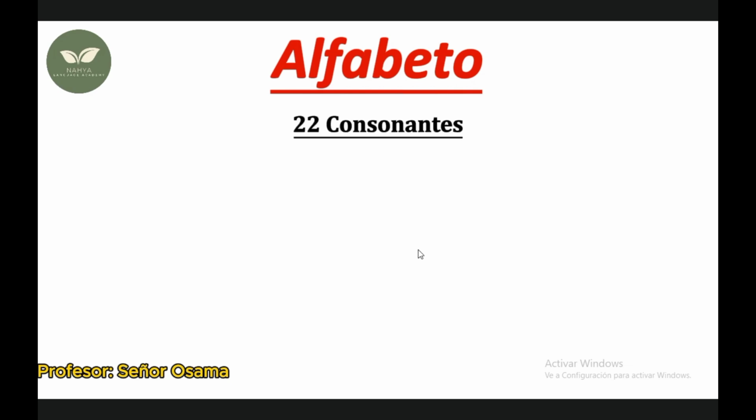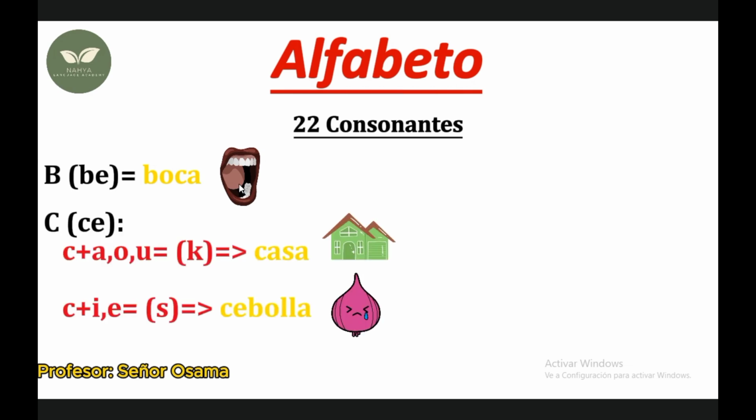The first consonant we have is B, and we find this sound in the word boca, which means mouth. The second consonant is C. As I said before, Spanish is spoken in Spain and in South America.